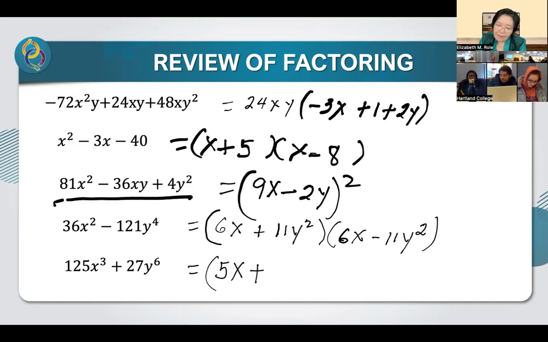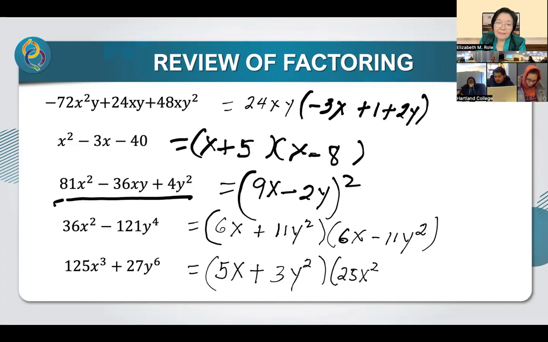Cube root of 27, 3. Cube root of y to the 6 is y squared. All right, just divide the exponent by 3. And then, the next factor will be the square of the first term. That will now be 25x squared.